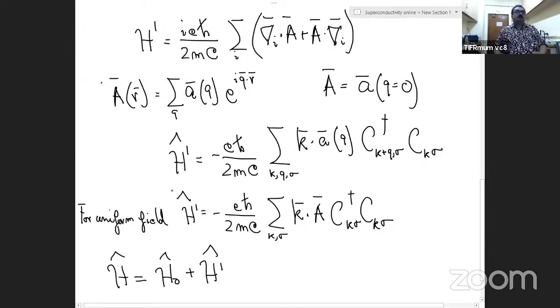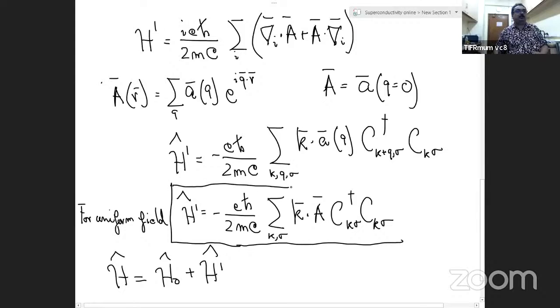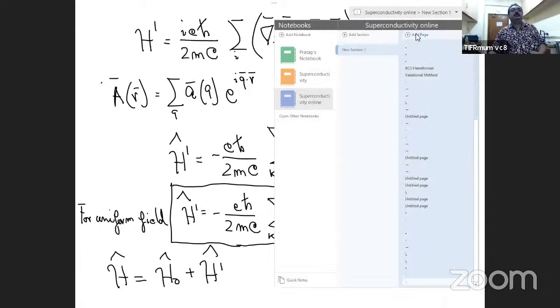Alright, so the solution of this Hamiltonian will give me the effect of the magnetic field. We will come back to this again later. But now, let us find out what is the current J.